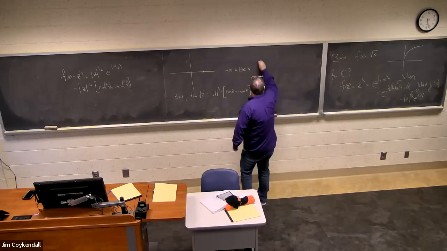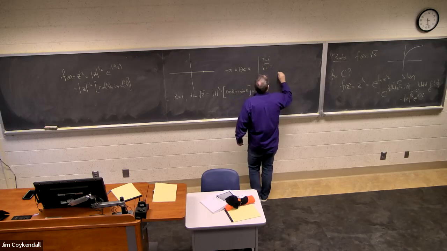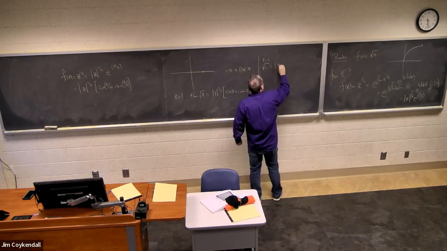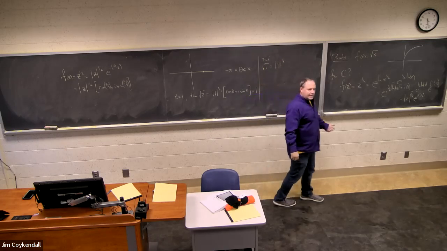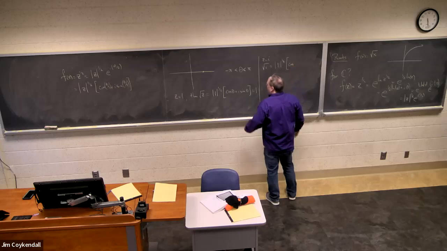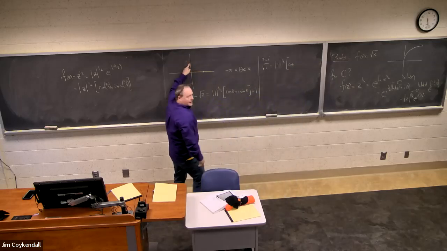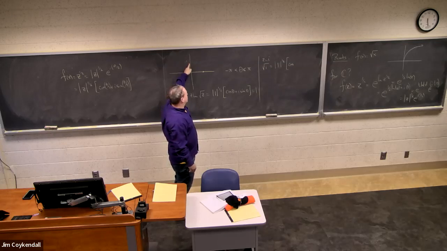And if I take z equal to i, then the square root of i under this definition is the square root of 1, because the complex magnitude of i is 1, times cosine. With this definition, the theta for i is pi over 2.